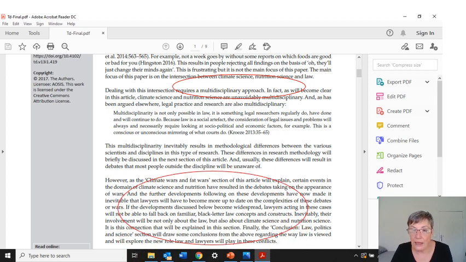And then if you look at the last paragraph, this is your roadmap. This is where it tells you we are going to have to look at the debates that have been going on, and lawyers will become involved in climate cases and in nutrition cases, and that means that we will have to change the way we teach students, because they do not necessarily have a grounding in these sciences.